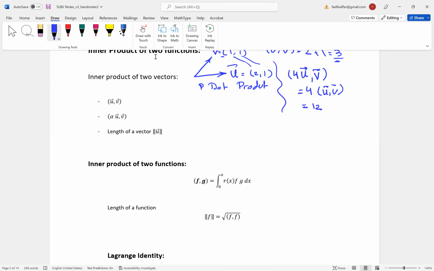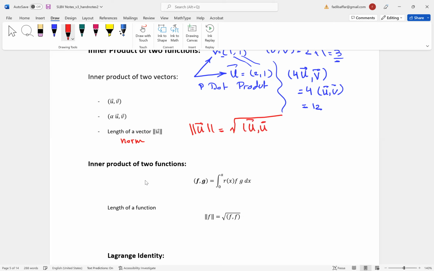The last concept here in terms of vectors and operations is the length of a vector, which is also called the norm of a vector. The norm of a vector, or the length of vector u, is the square root of the inner product of the vector with itself.